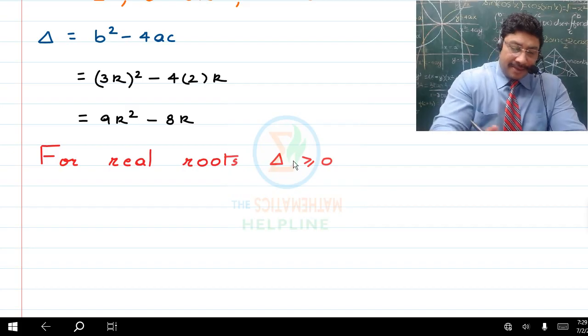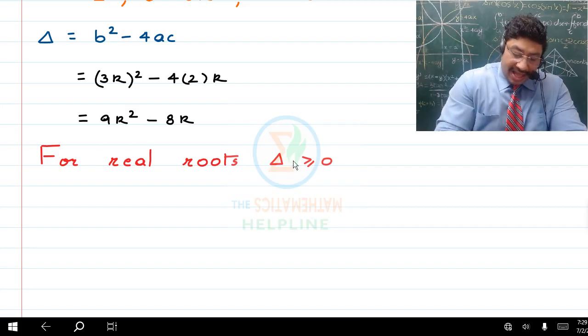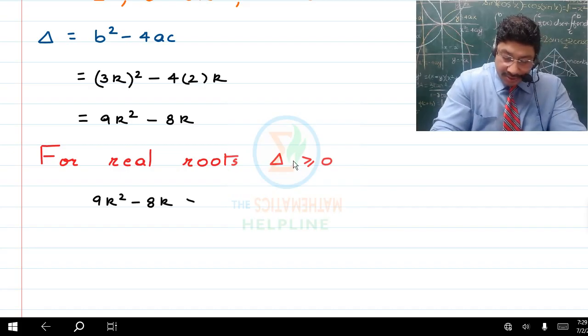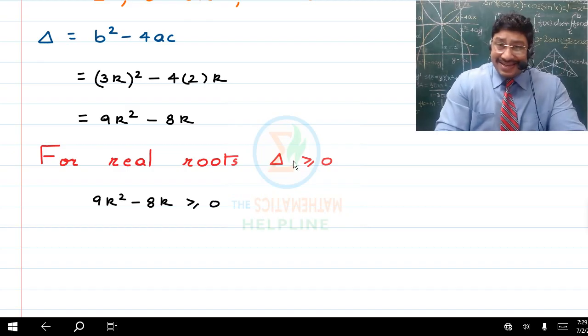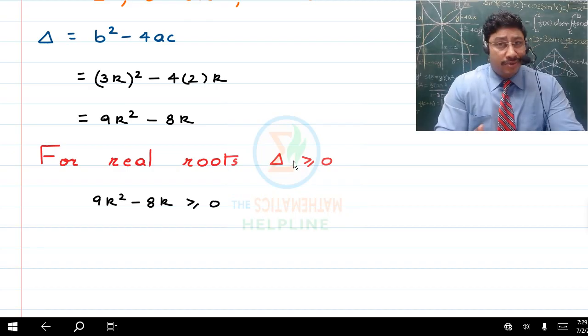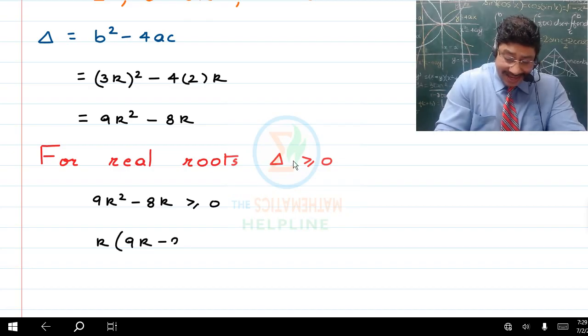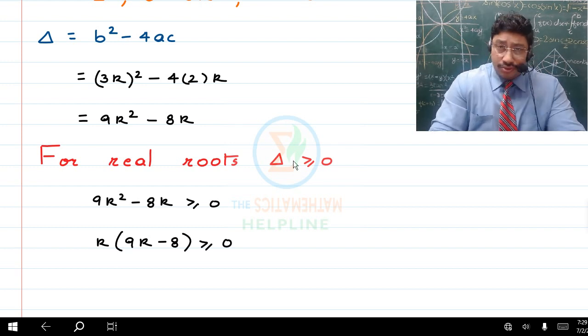So here we have 9k squared minus 8k, which is going to be greater than or equal to 0. This is the condition to be able to get to real roots. In times to come, I'm going to tell you how to get distinct roots. So here children, next you'll be taking this k common outside, and then we have 9k minus 8 inside, and this is greater than or equal to 0.